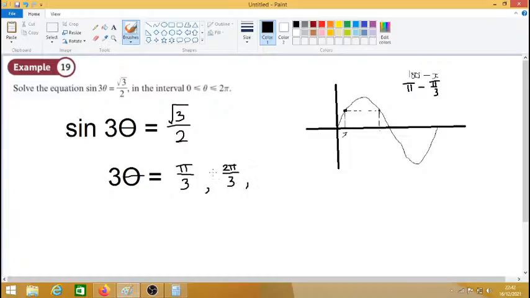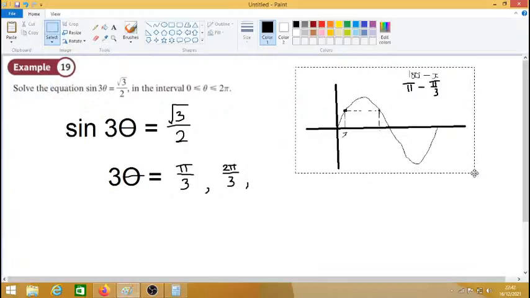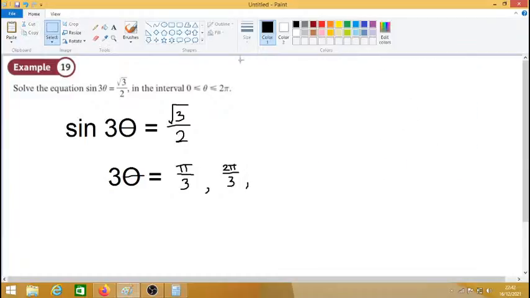Okay, then I have to keep going to 2 pi, but 2 pi is for theta. Because I'm working with 3 theta at the moment, I'm going to have to multiply that by 3, so I have to go all the way up to 6 pi. So I've still got quite a long way to go, but remember, the graph is now going to repeat every 360 degrees. So all I'm doing is adding 2 pi now each time. So you take your first answer of pi over 3 and then add 2 pi to that.